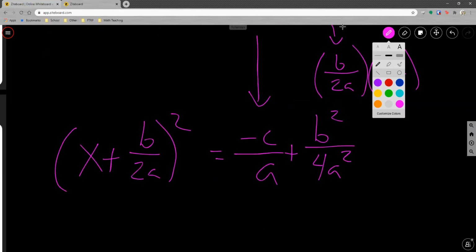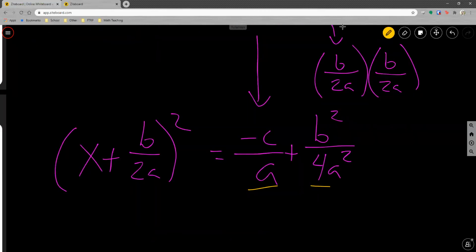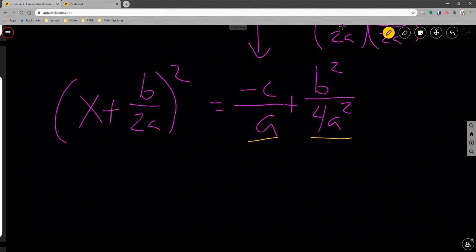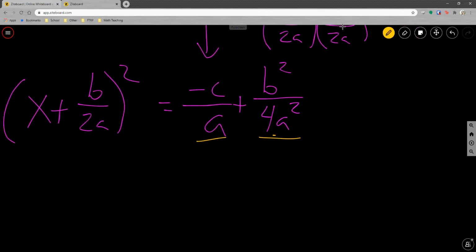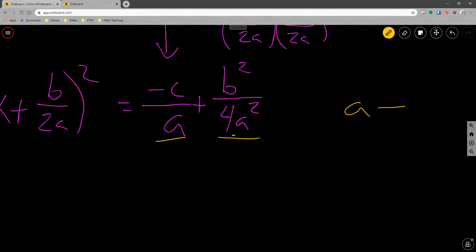I want to make my denominators match. So to make these match, I need to make the denominator go from a to 4a squared. Well, a times 4a will give me 4a squared.